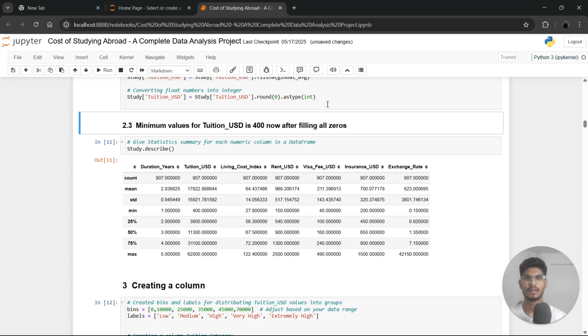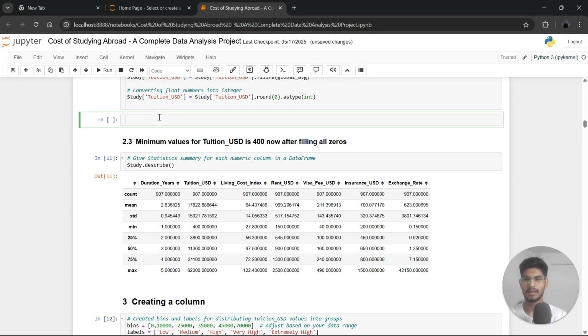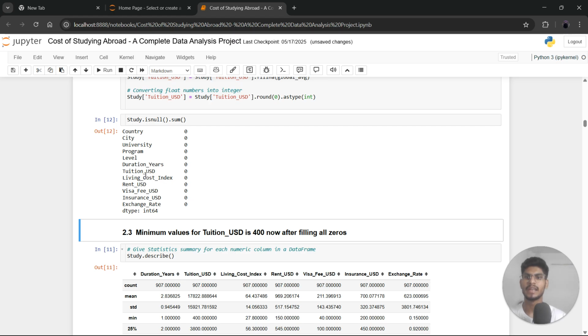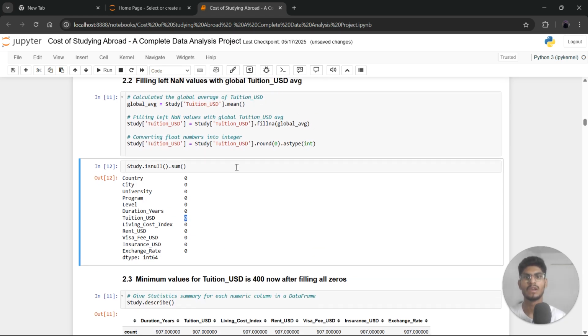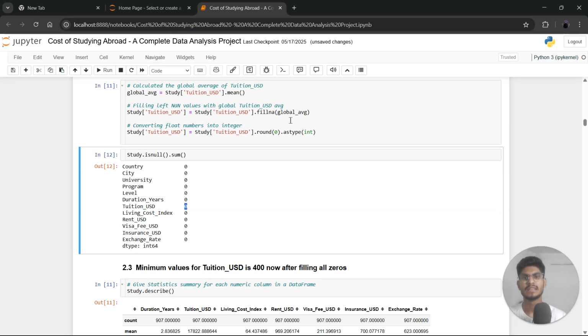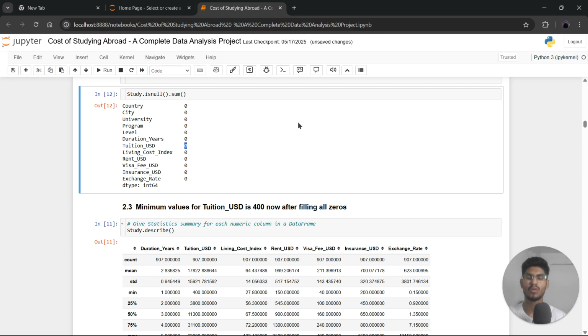We will make one more cell, and we will be using study dot isnull dot sum. Now we have zero null values in tuition USD, because we have already filled the NaN values with the global average, or the column average.